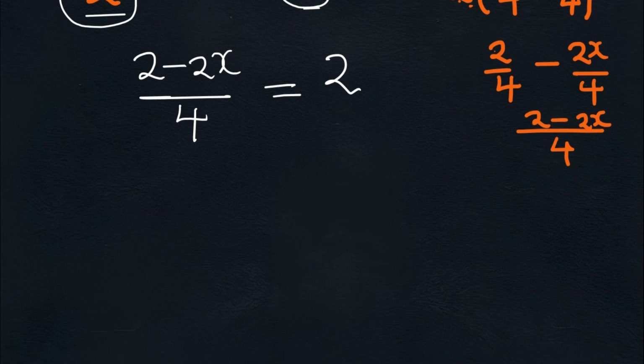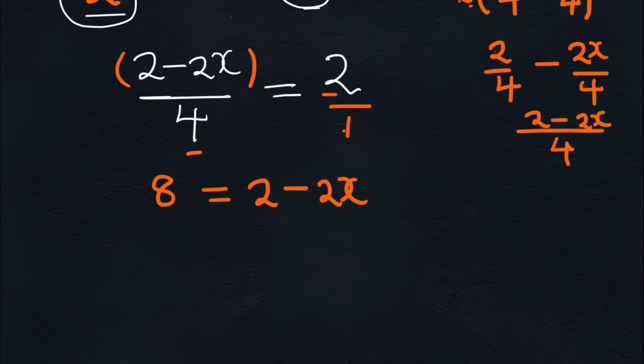And then the next step will be to do a cross multiplication, and you know that our 2, if we want to turn it to a fraction, is just going to be 2 over 1. So 2 is going to be multiplied with 4, and 2 by 4 is going to give us 8, and then equal to 1 multiplied by this, it is just going to remain as is, so 2 minus 2x.